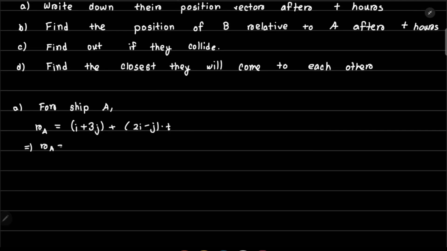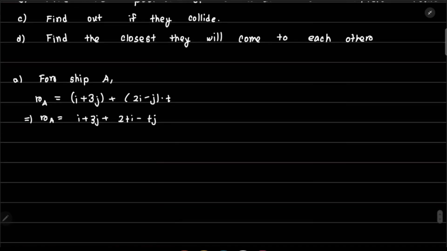So we can write down its position vector as i plus 3j plus 2ti minus tj. And if we have something like this, we always separate the i components and the j components. So for the i component, we'll have 2t plus 1 i, and for the j component, we'll have 3 minus t j.